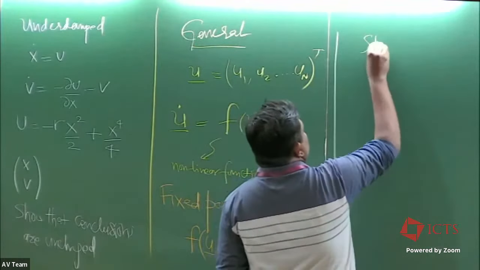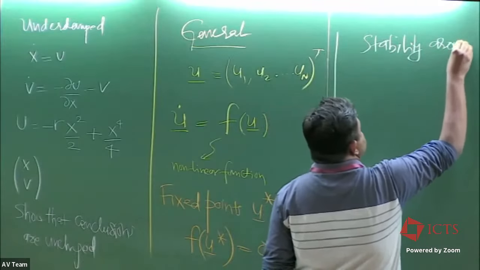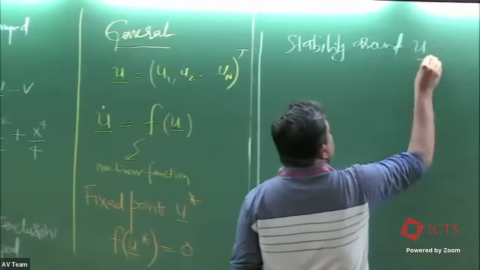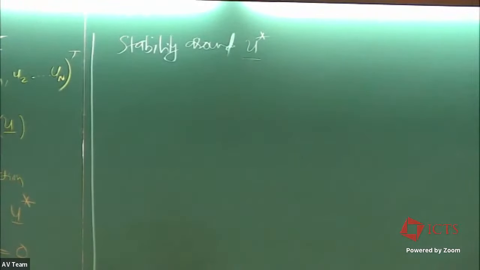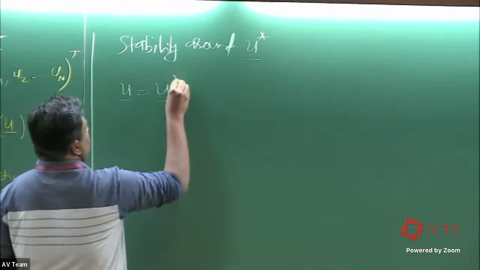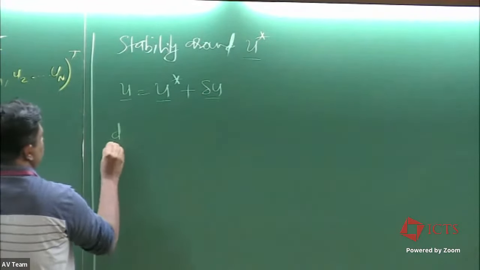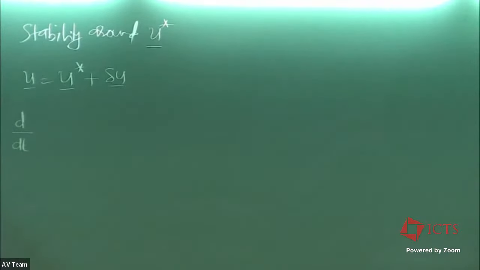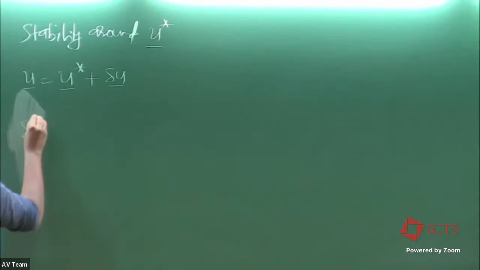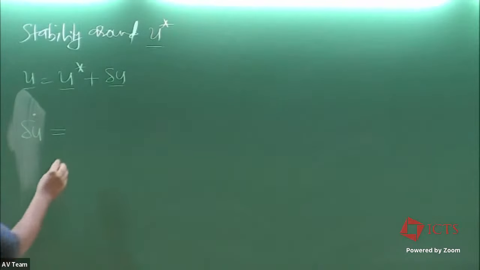So to analyze the stability around some fixed point U star, I do a perturbation, and as usual, I try to get the evolution equation for the perturbation, and you should be able to work that out.